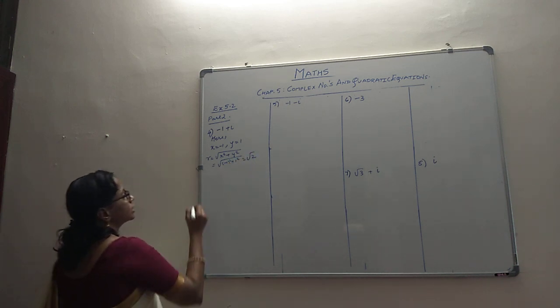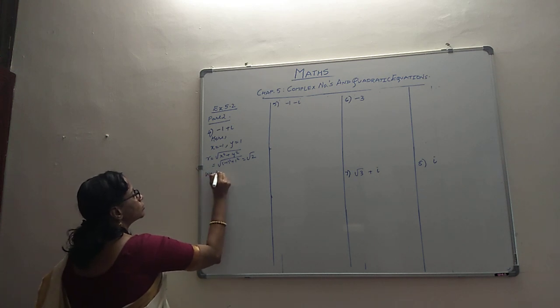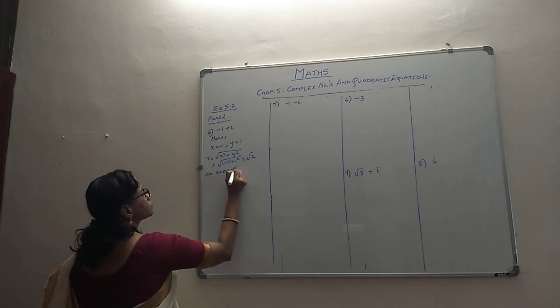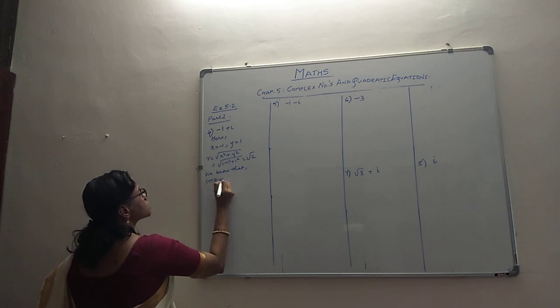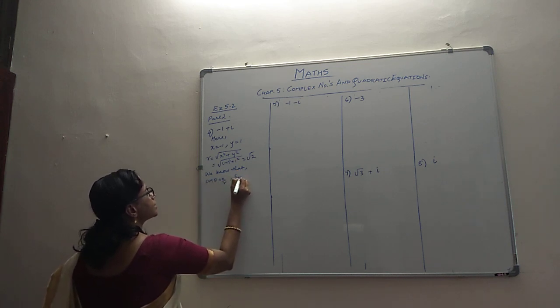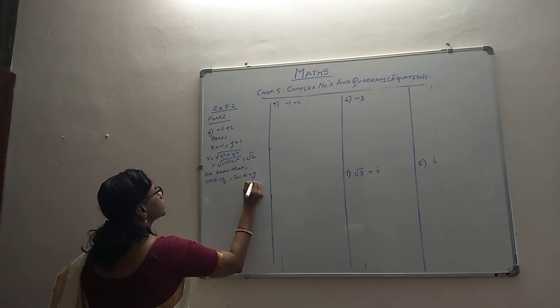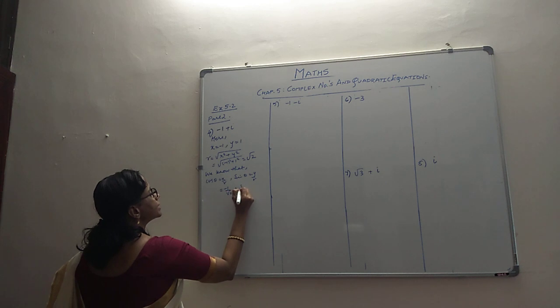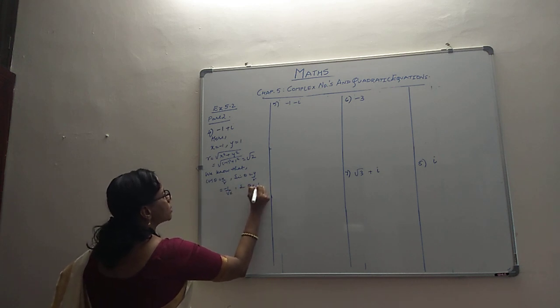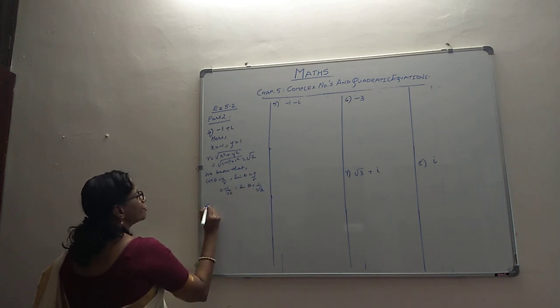Now you have to take the value of, we know that, cos theta is x by r and sin theta is y by r. That means cos theta is minus 1 by root 2 and sin theta is 1 by root 2.